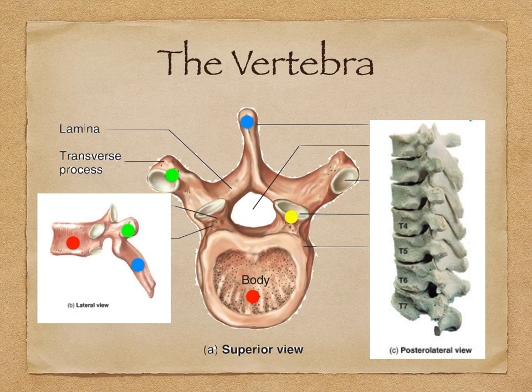The feature here that's sticking up in the air is this feature over here. So it takes the student a little while, especially without a bone to handle, but pictures to handle, to figure this out. And the vertebra within the vertebral column can all look slightly different.